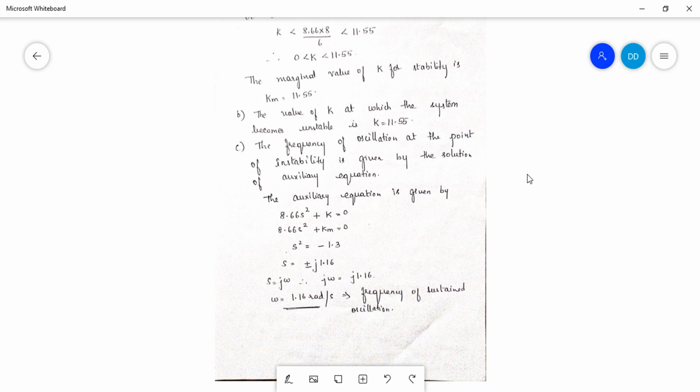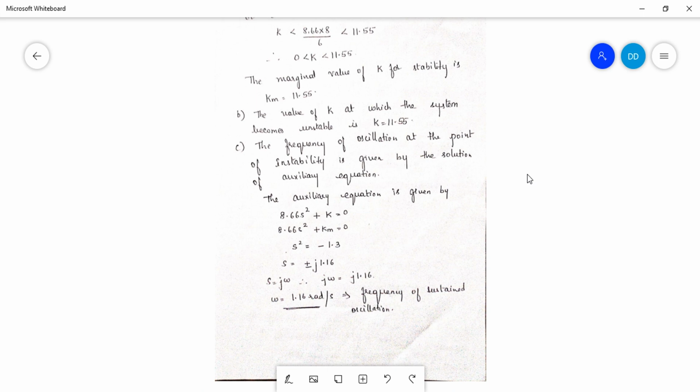On taking the square root, we get plus or minus j1.16. So omega, the frequency of sustained oscillation, is 1.16 radians per second. It also tells us that the root locus branch intersects the imaginary axis at j1.16.